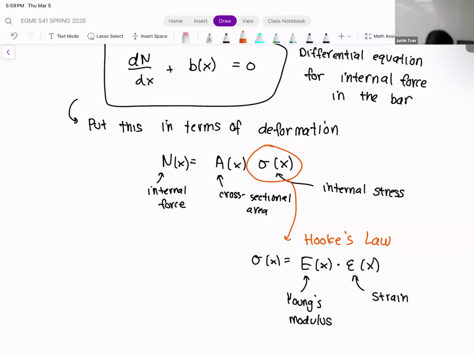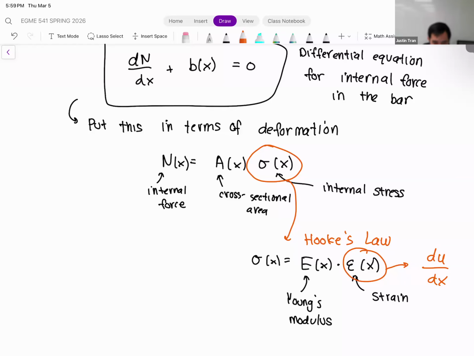Now, this is helpful because the strain we can put in terms of the deformation, because strain is nothing more than just du dx. So strain is just a measure of how the deformation of the rod is changing as a function of x. So it's kind of a chain here. If you plug in du dx for strain, we plug in E times strain for sigma there, and we plug in A times sigma for n.